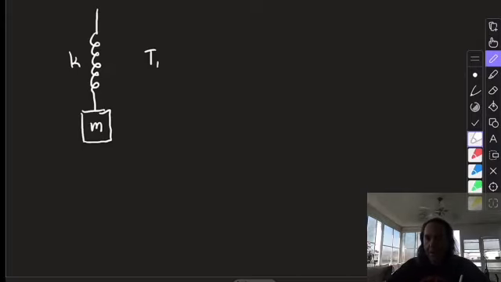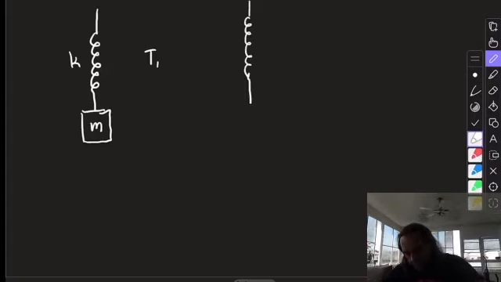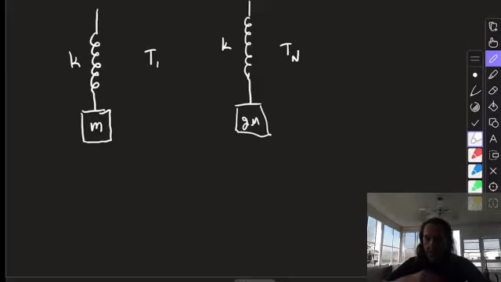I then double the mass. What does that do to the period? What is the new period in terms of T1? So the person who asked about this, is that the kind of question you're wanting me to steer towards?